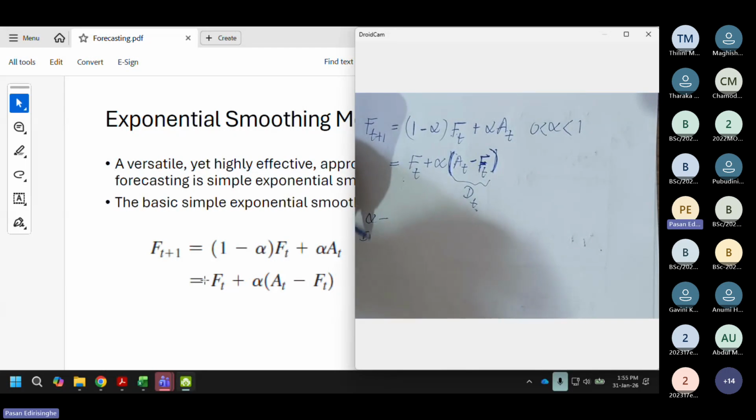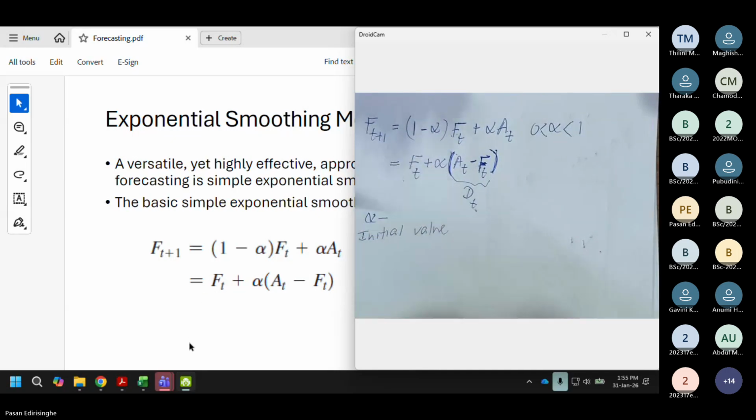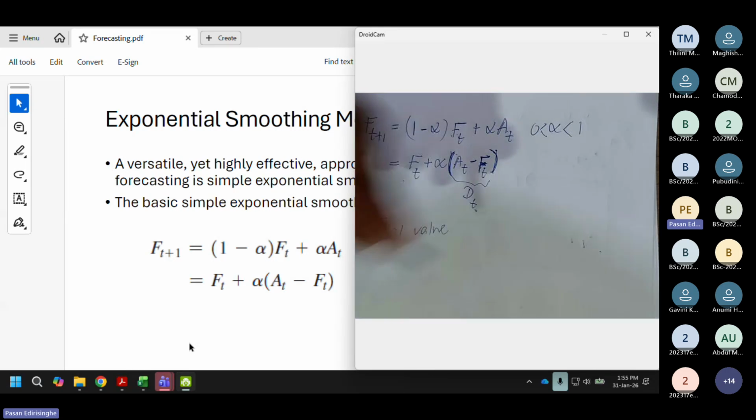We have to give some initial value, so we need to define both of them. We need to define some initial value, as well as some value for the alpha. Of course, we can try several values for the alpha, so we'll try different values.